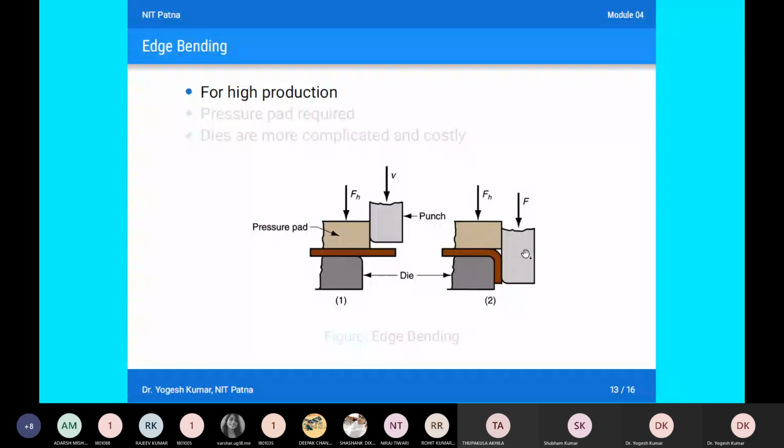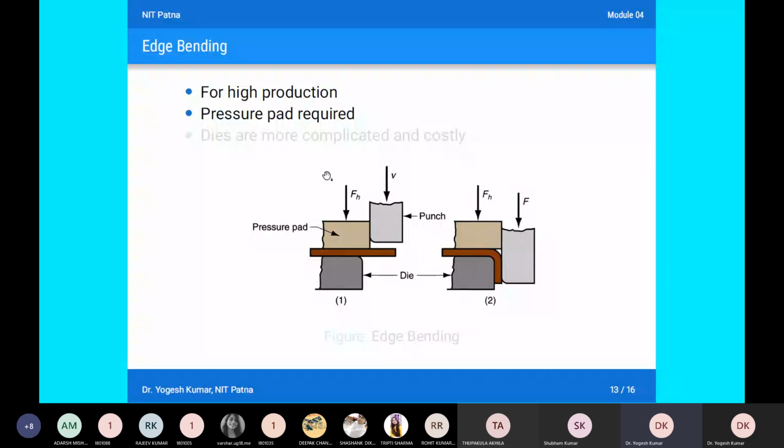In edge bending, since it is a very quick process, it can be used for high production. A pressure pad is required to stop the movement of the punch beyond a certain point.